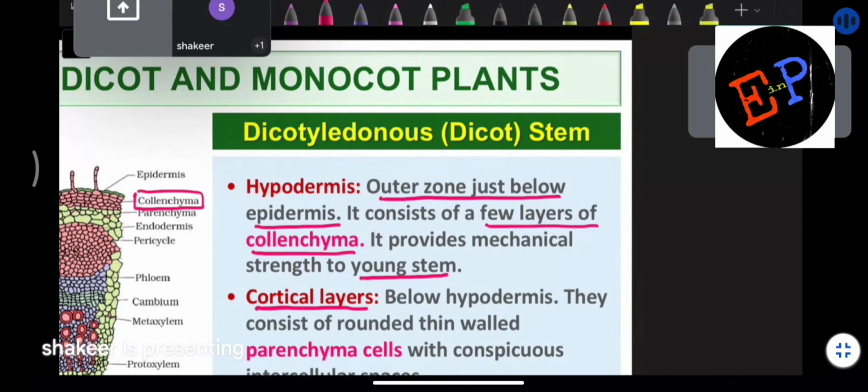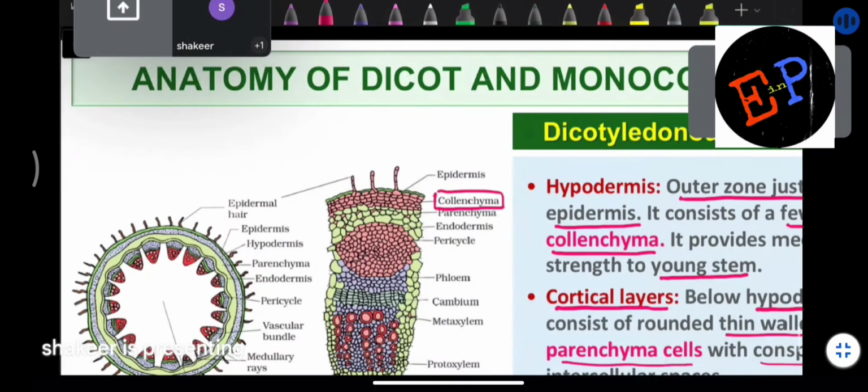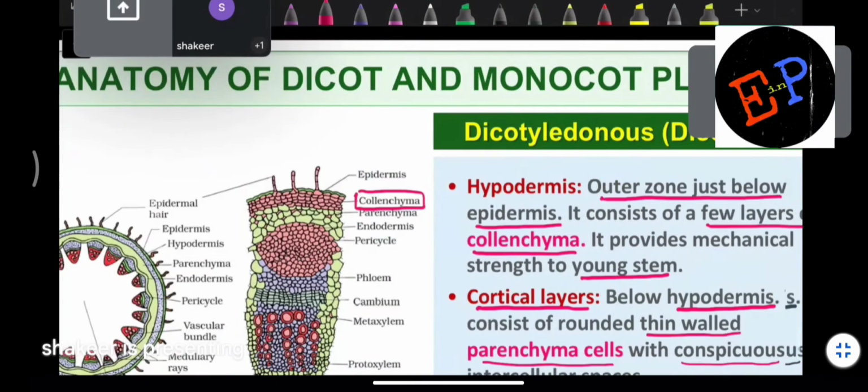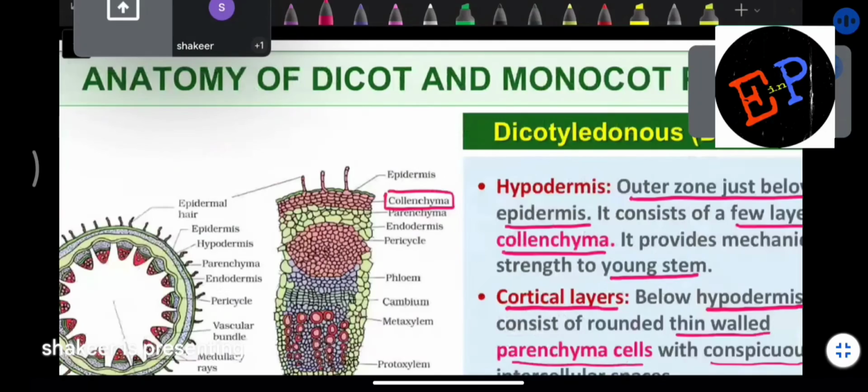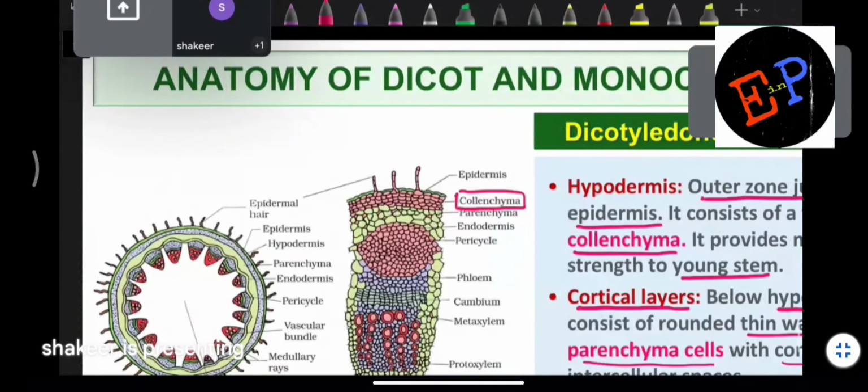It is just below the hypodermis. They consist of round, thin walled parenchymatous cells with conspicuous intercellular spaces. Are you able to understand? Let us see in the figure. Cortical layers, can you see? The cortical layers differentiation he did not give in this figure.